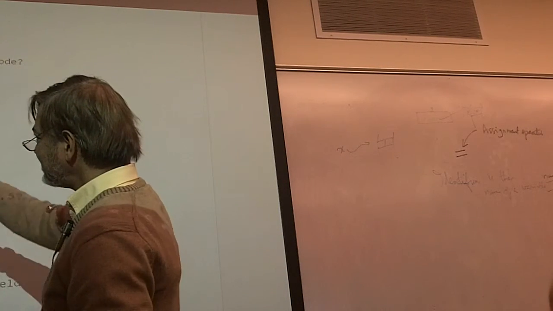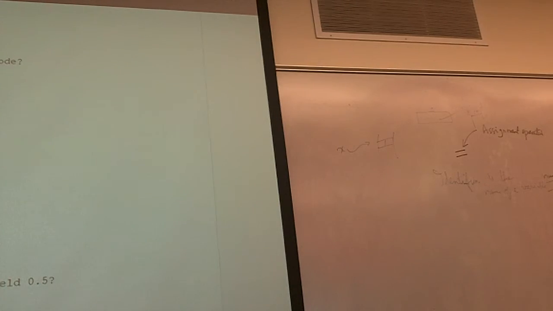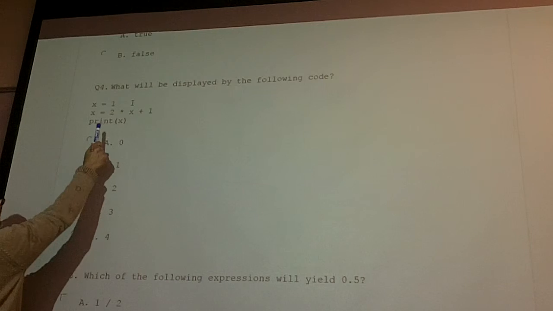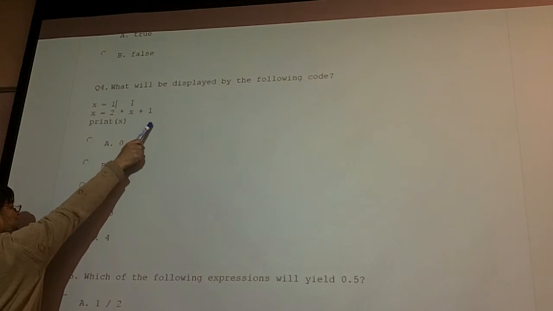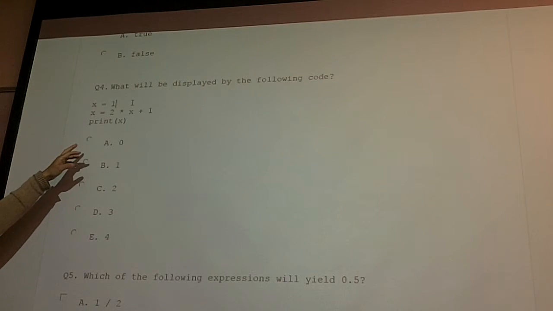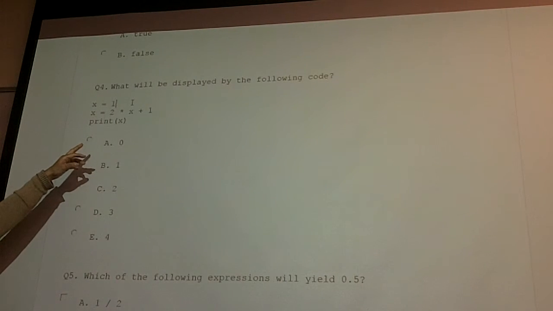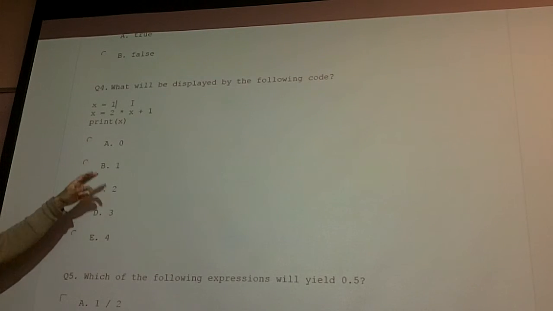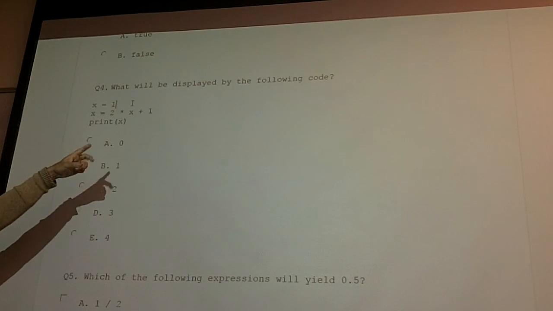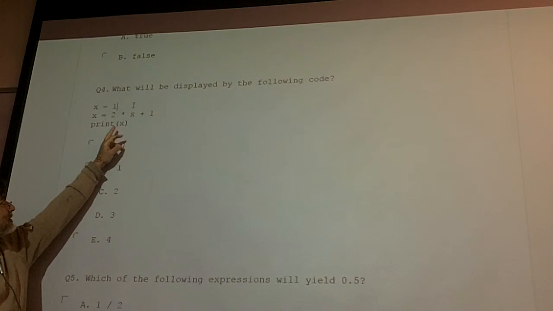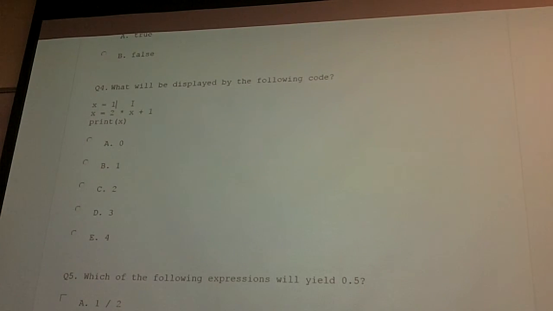And then in the second line, we're assigning another value to x, but the right hand side is a math expression, which has to be evaluated. So 2 times x would be 2 times 1, because x is now 1. So 2 times 1 is 2 plus 1, 3. And then if we print x, the value of x is now 3.